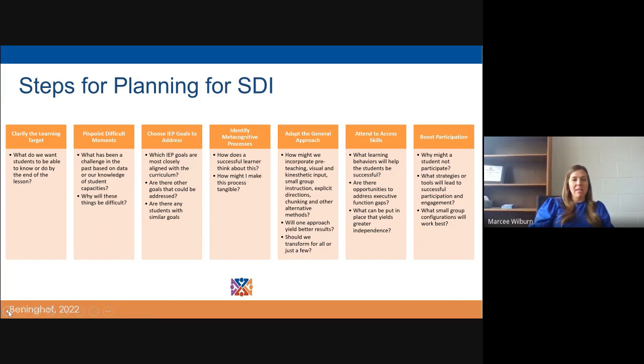What about those metacognitive processes or executive function skills? How can you embed those within this lesson?